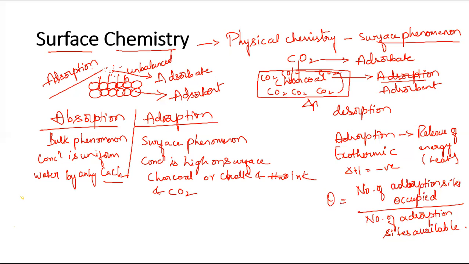So we express it like this. This is the extent of adsorption. We can also say it is the ratio of mass of adsorbate to mass of adsorbent, which can be expressed with the letter theta. We can express it as the mass of adsorbate to mass of adsorbent.